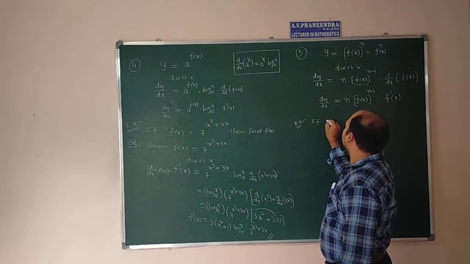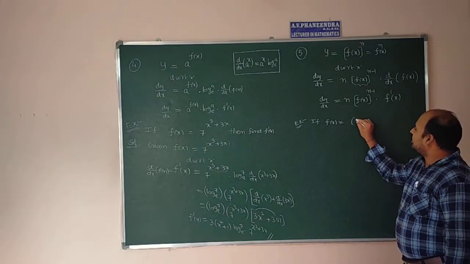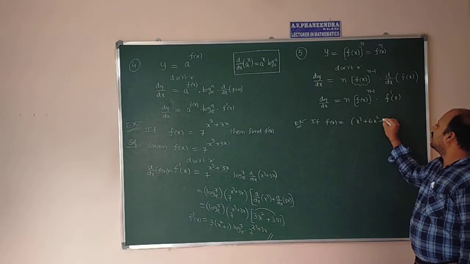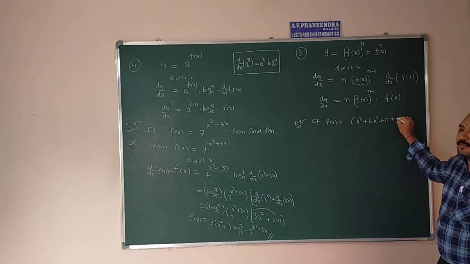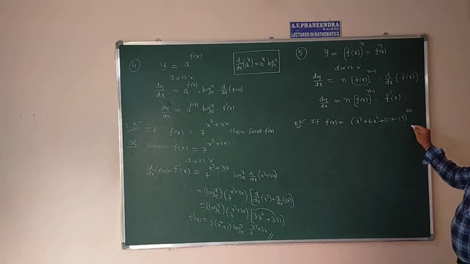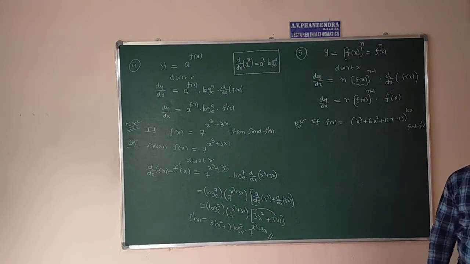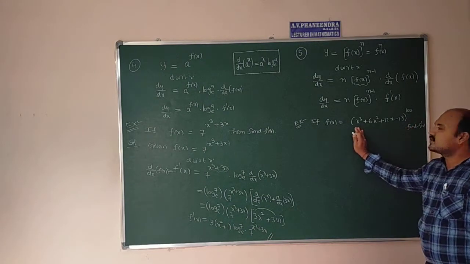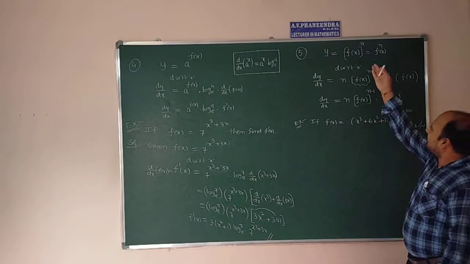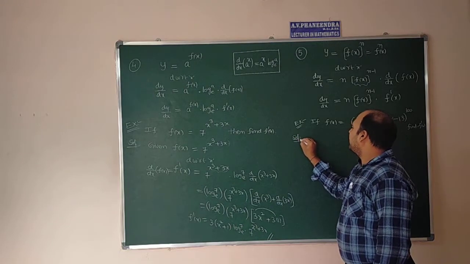If f of x equal to x cube plus 6x square plus 12x minus 13 whole power 100, then find f dash of x. This is completely f of x whole power n, where n is equal to 100. You have to apply the same procedure to get the derivative of the function.